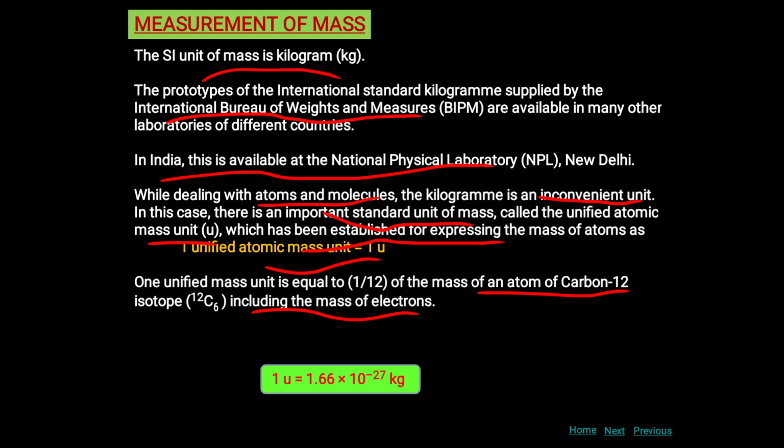Means 1 u is equal to 1.66 into 10 raised to power minus 27 kg.